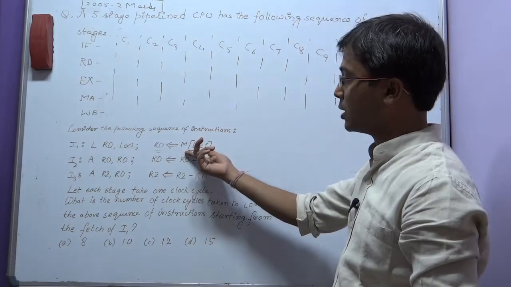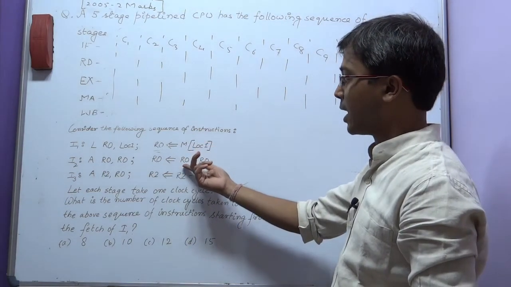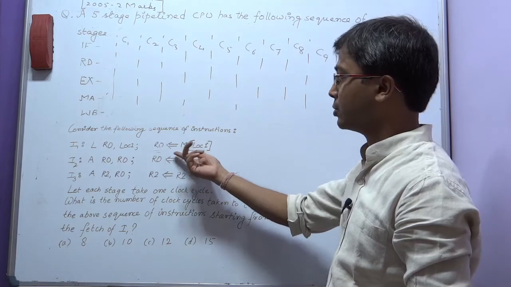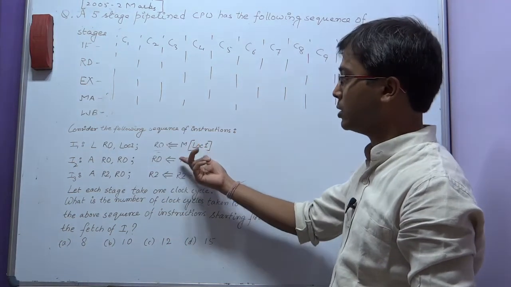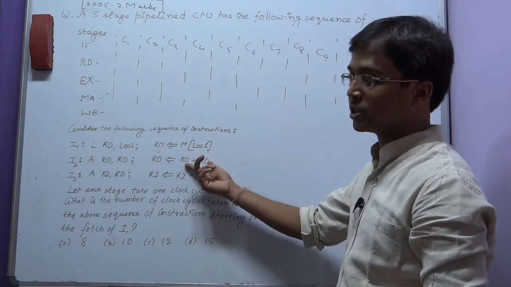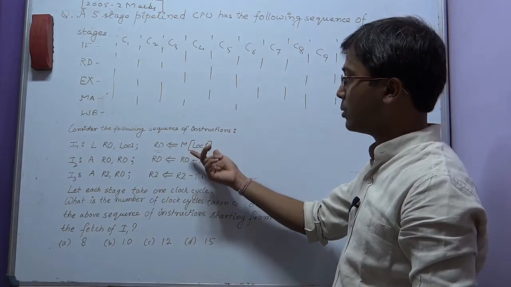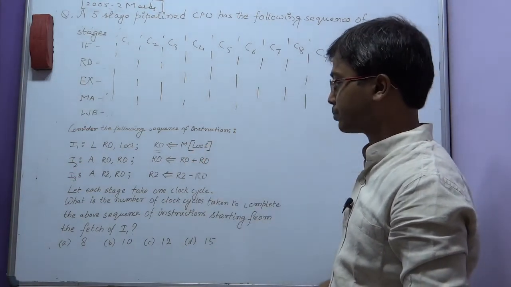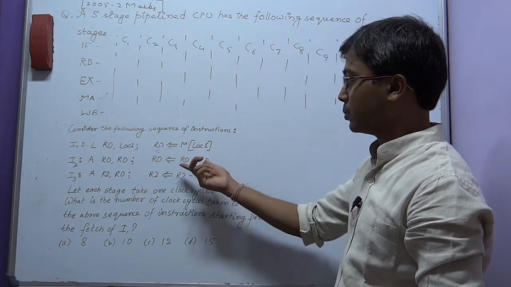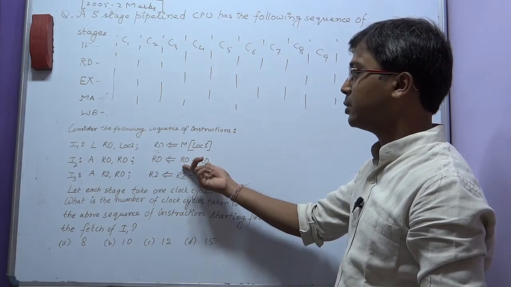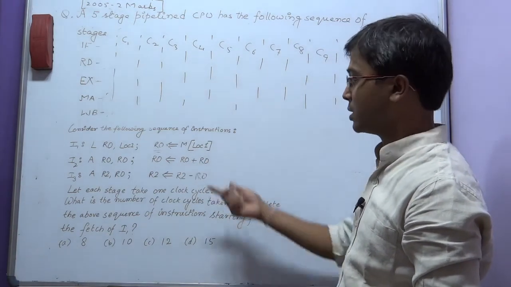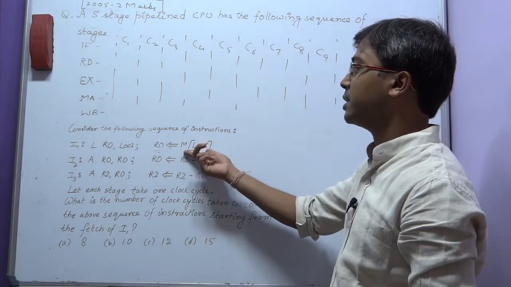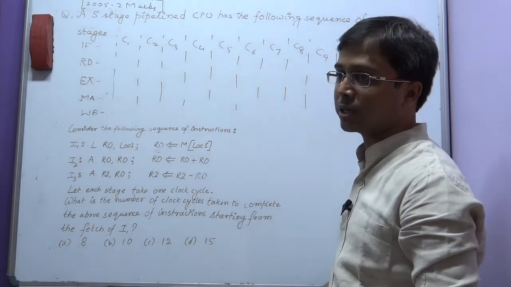So this is a producer instruction here, and I2 is consuming the value of R0 that is produced by I1, so I2 is the consumer instruction. So in the case where we are using operand forwarding, the consumer instruction's execute stage doesn't have to wait till the write back stage of the producer instruction has occurred.